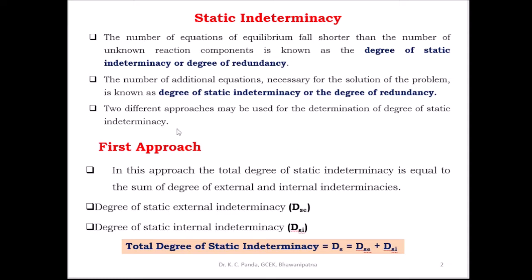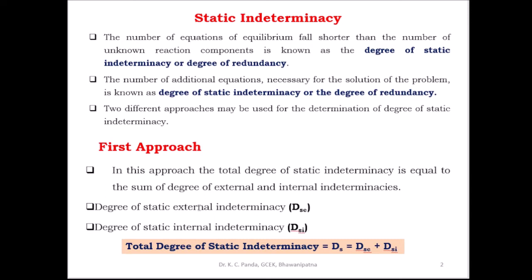In this lecture, I am going to explain two different approaches which are used for the determination of the degree of static indeterminacy of rigid jointed plane frame and rigid jointed space frame. Coming to the first approach, in this approach the total degree of static indeterminacy is equal to the sum of the degree of external and internal indeterminacy.